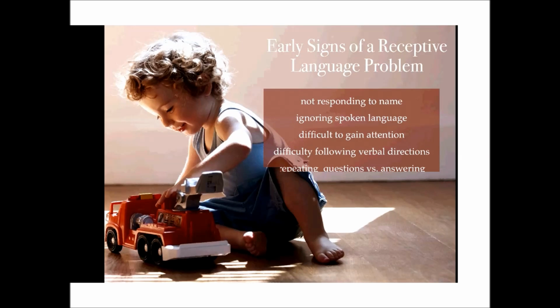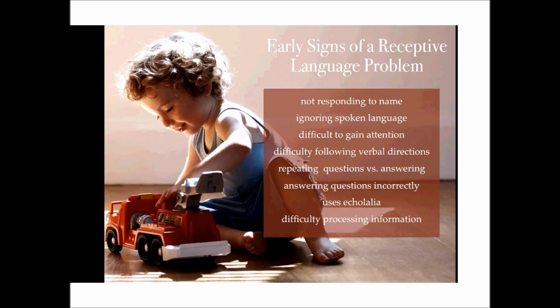Other signs of a receptive language delay would be not responding to his or her name, ignoring spoken language, difficulties in gaining attention, following verbal directions, repeating questions rather than answering them, answering questions incorrectly or just way off, using echolalia, so repeating exactly what you're saying, and difficulty processing that information.